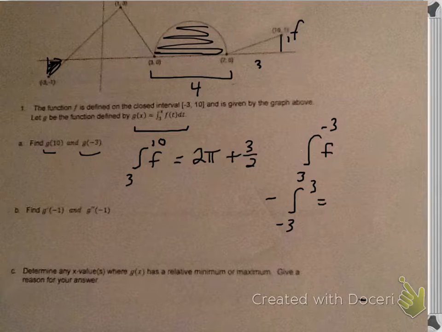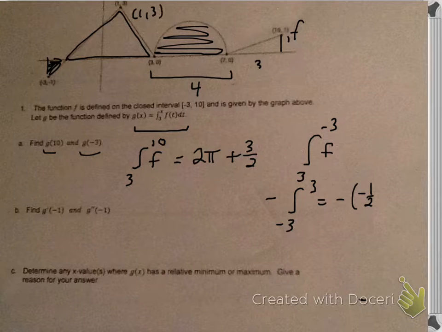So the area there is negative 1/2, and the area from here to here is a triangle that is, you can't see the 3 up top there, that's the coordinate 1, 3. But this is 5 by 3, which is 15. So it's a triangle, so it's 15 halves. So that's 14 halves, which is 7. So the g of negative 3 would be negative 7.